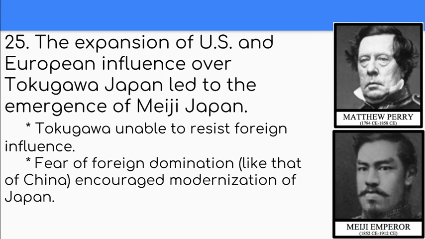The Meiji Restoration was an attempt to modernize Japan, and they were quite successful, unlike what happened in China, where the Chinese failed to do that and therefore were conquered. Japan was much more successful, and therefore they were able to resist this foreign influence.